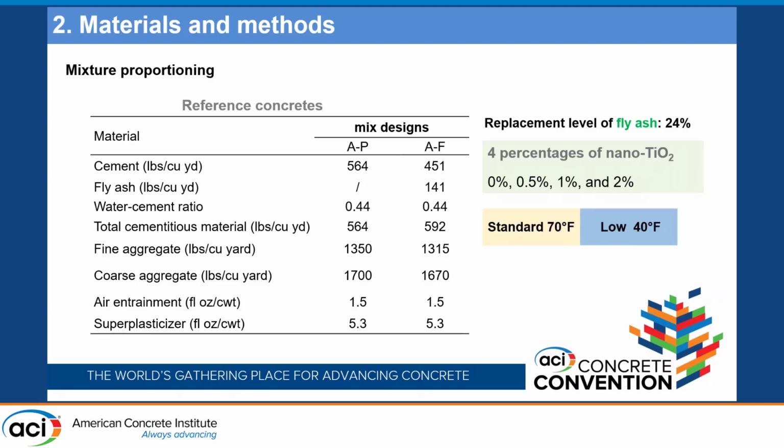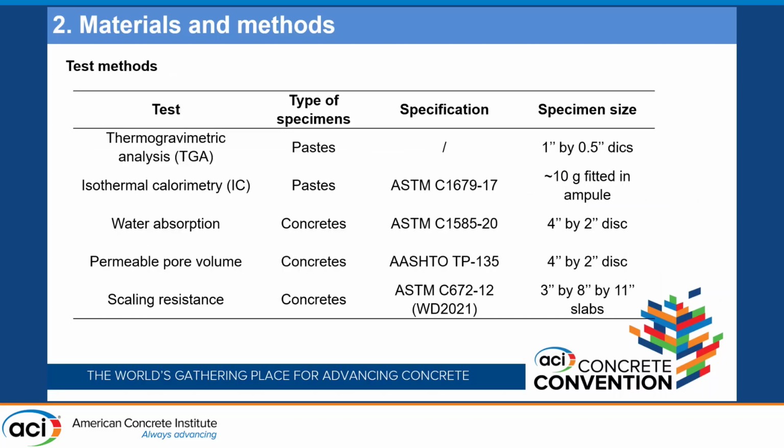And we also did curing at 2 different temperatures. One was at the standard temperature of 70 degrees Fahrenheit, and the other one was at a low 40 degrees Fahrenheit to try to simulate the behavior that the concrete may be experiencing during the low temperature construction season.